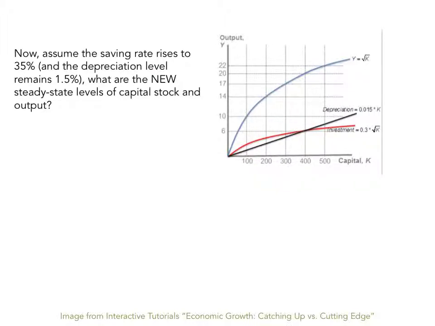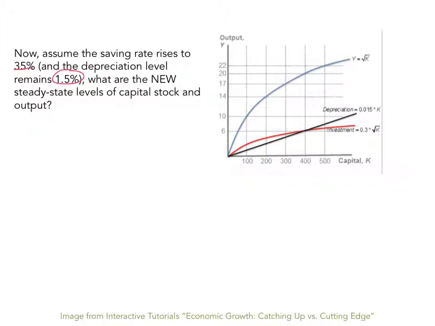If you want to test yourself, make sure you can do it. I've changed the numbers here. The savings rate is now rising to 35%, and the depreciation level remains the same. So go ahead and solve it, knowing that you can use the same formula that I just used. Even without solving for it, we know probably what's going to happen as the economy begins to save more.